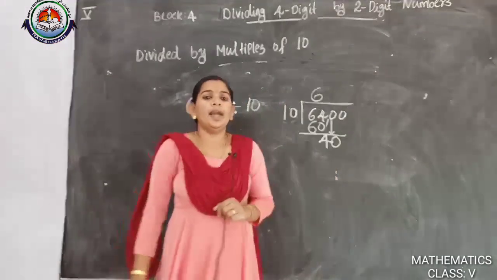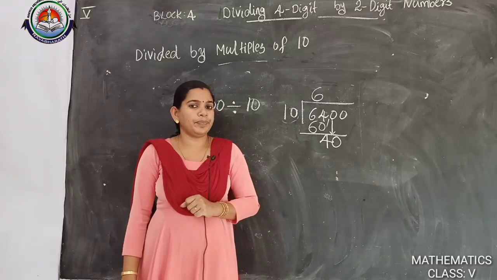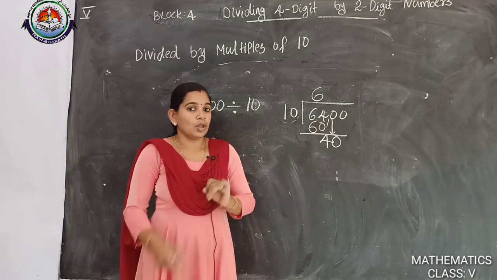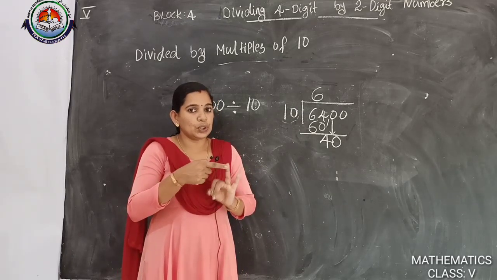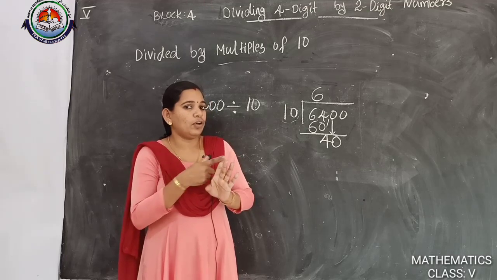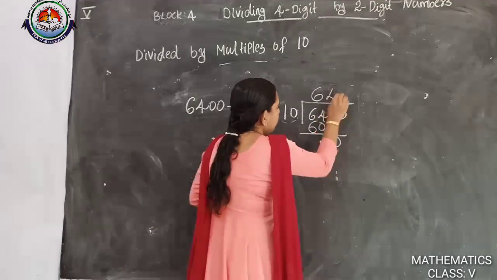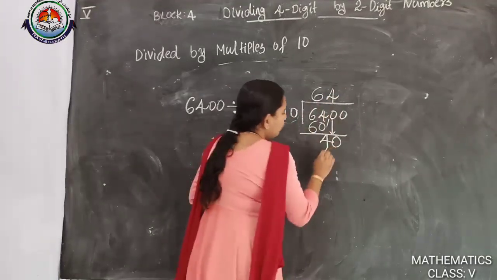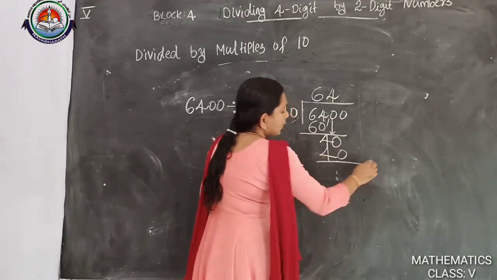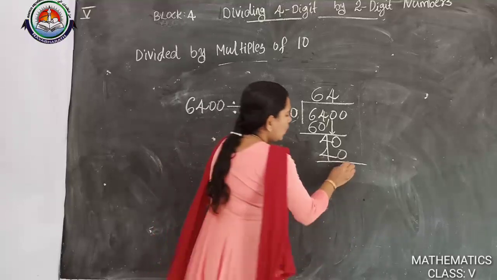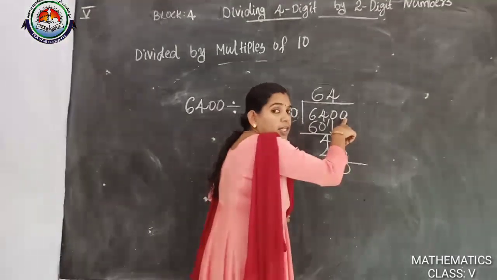In 40, how many tens are there? 10, 20, 30, 40. How many? 4. So we write 4 here. 4 into 10 is 40. 40 minus 40 is 0. Then here 1 zero is remaining.